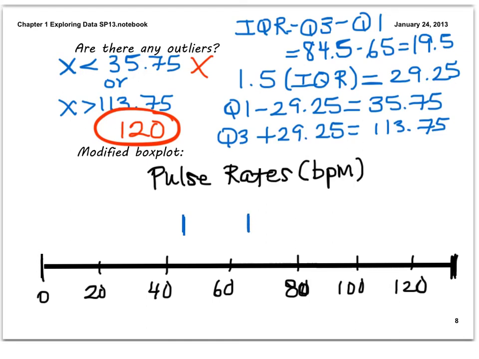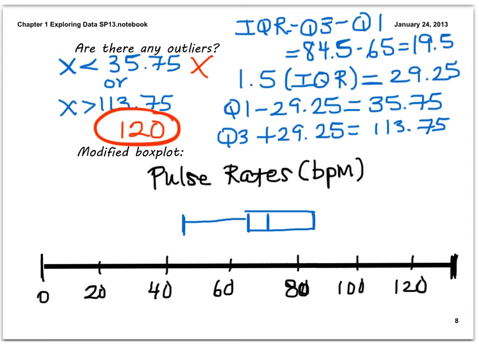The median's not going anywhere. It's still going to be at 72. Q3 won't change at all. That will still be 84.5. I'll still connect the box from Q1 to Q3, I can still connect the min to Q1 with a whisker.